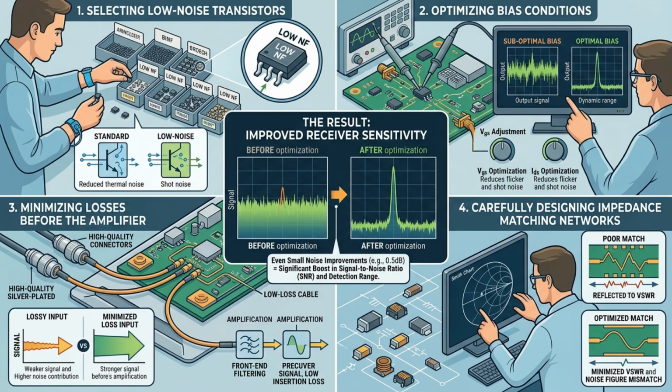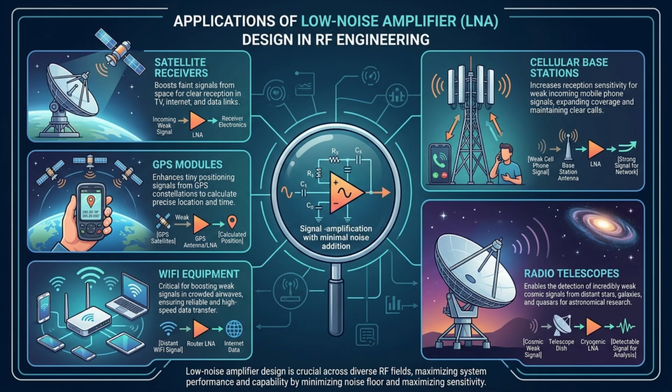Even small improvements in amplifier noise can significantly improve receiver sensitivity. Whether designing satellite receivers, GPS modules, Wi-Fi equipment, cellular base stations, or radio telescopes, low-noise amplifier design is one of the most important aspects of RF engineering.